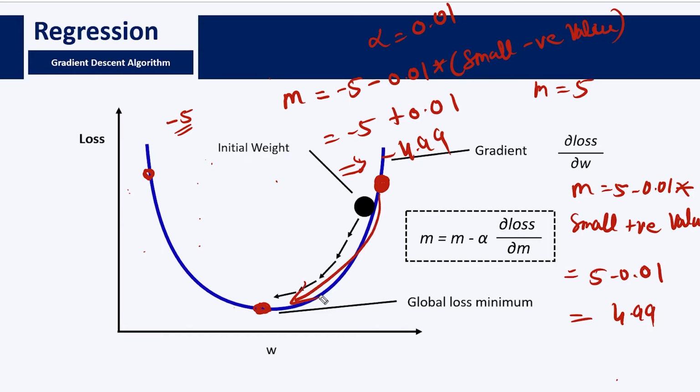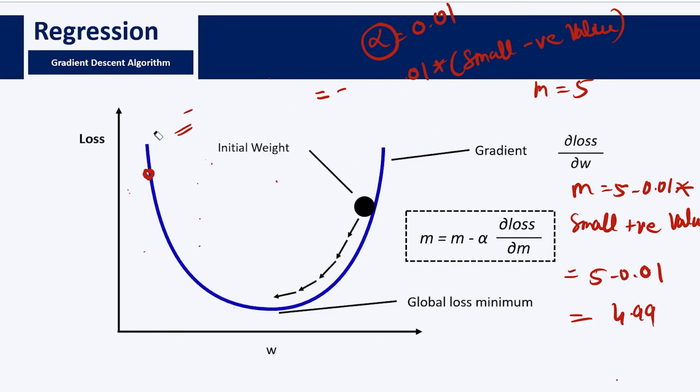Again, it is approaching to 0. Now the question is why we have used a term alpha or learning rate. Let's suppose I'm using this formula, that is m minus derivative of loss with respect to slope. It is possible that it will overshoot my global minima. Why?